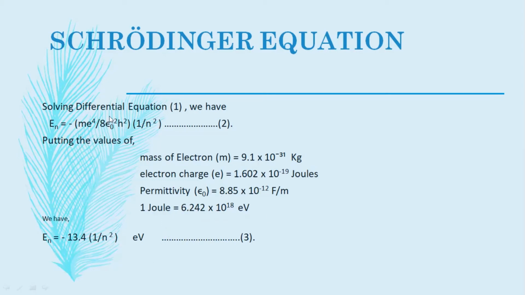If you put the values of m, e, ε₀ and Planck's constant h here, you will have En equal to 13.4 into 1 upon n² electron volt. This is basically the orbital energy, the nth orbital energy of any atom.